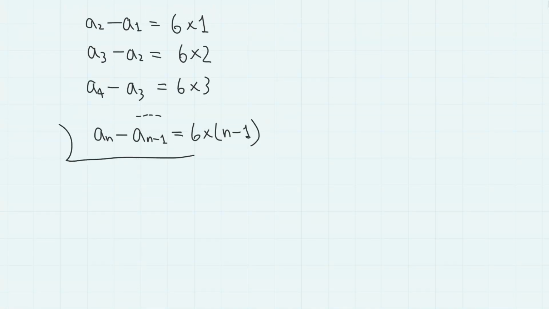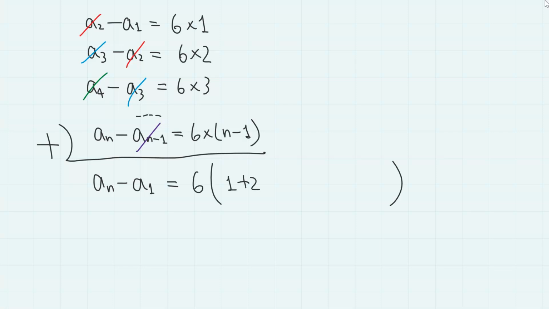Now notice that if we add them up, we have a2 cancelled out, and a3 cancelled out, and a4 cancelled out, and so on. And for the last part, we have a(n-1) cancelled out. So on the left hand side, we are left with an minus a1, and on the right hand side, we have 6 times (1 plus 2 plus 3 plus so on, till plus n minus 1).